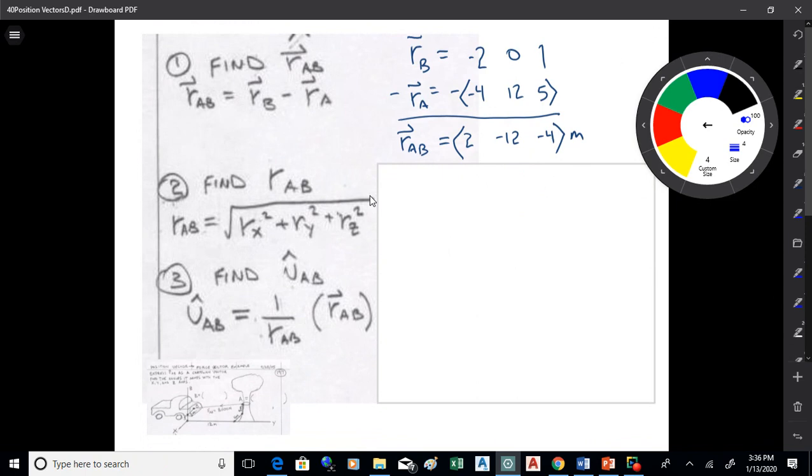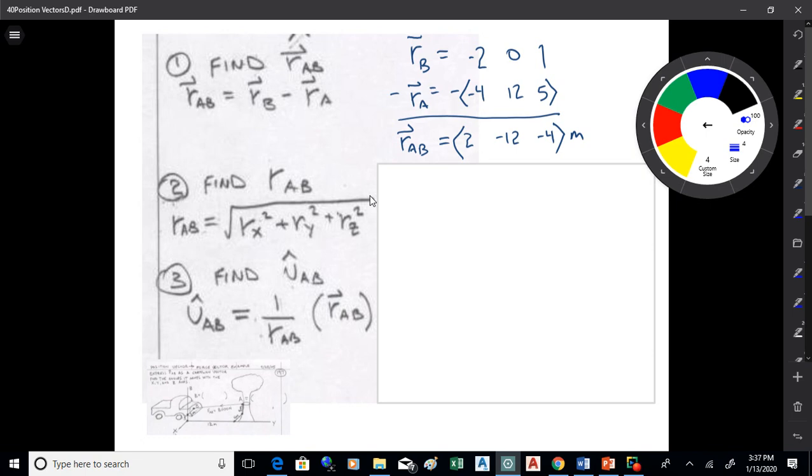You always do, because you're doing B minus A. So I put RA in parentheses, put the negative outside, it carries through. So -2 minus a -4 gets me +2, 0 minus 12 gets me -12, and 1 minus 5 gets me -4. Does that look about right?